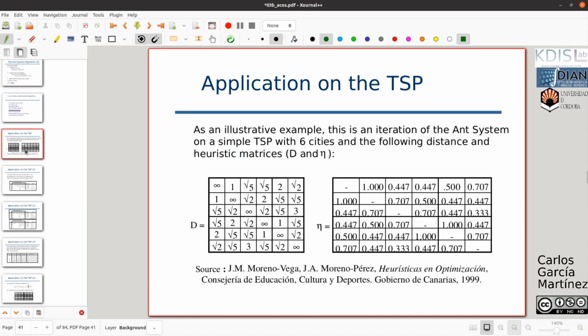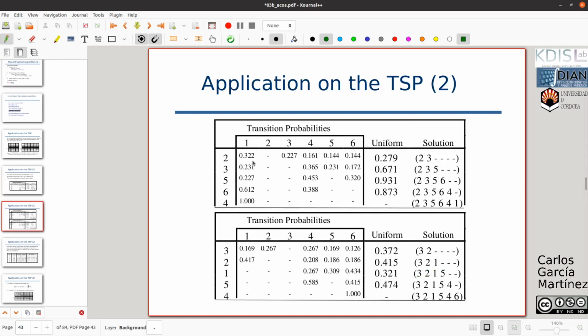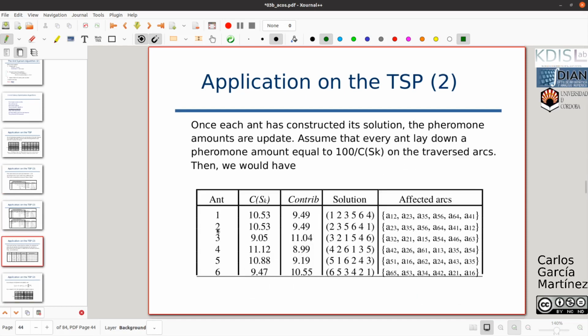We also described this simple case where I commented how one ant was constructing its circuit. The same for the second ant, the same for the third ant, and at the end, these 6 ants have constructed these solutions.